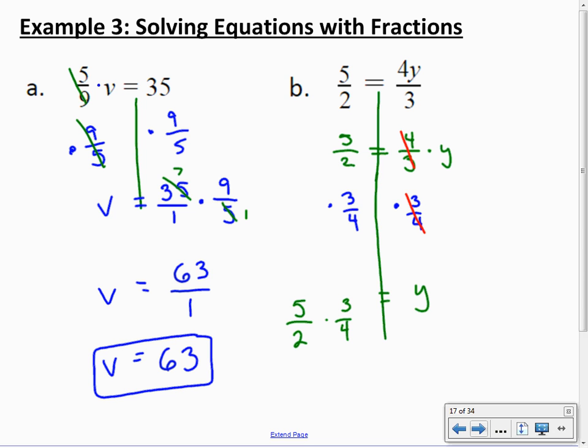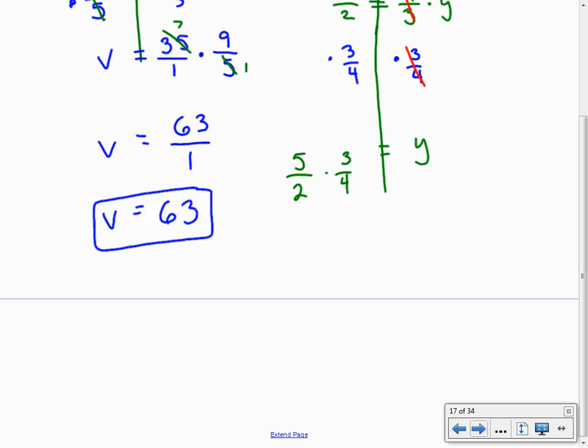Neither one of these fractions reduce, so we're going to multiply these two fractions together by multiplying the numerators. So 5 times 3 gives us 15. And multiplying the denominators, 2 times 4 gives us 8. Okay, that fraction does not reduce, so our final answer would be y is equal to 15 over 8.